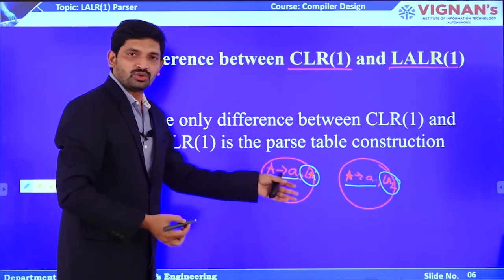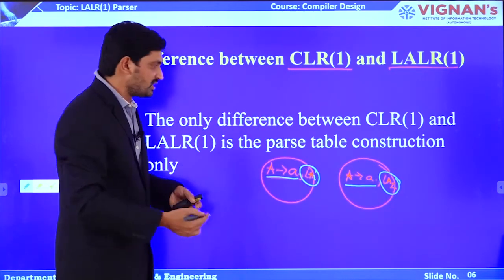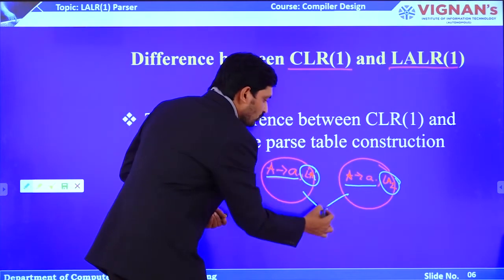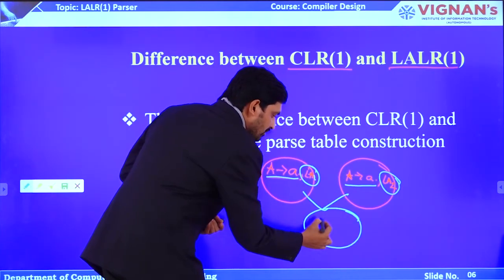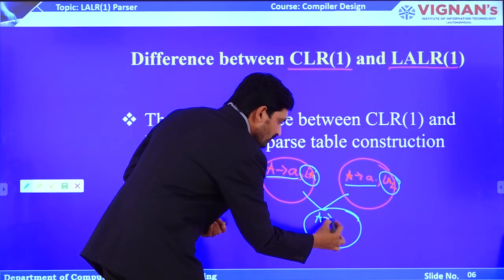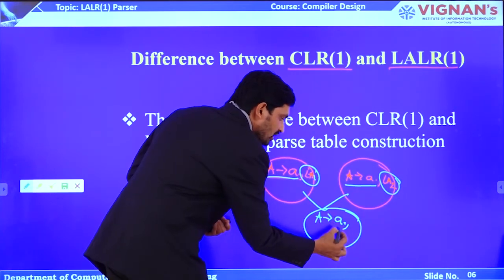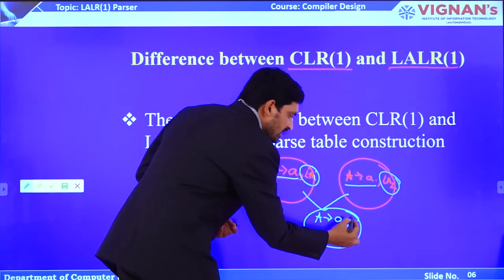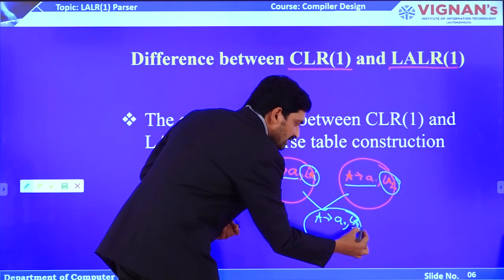So there is no need to keep these two items in two different states. Combine these states to construct a new state, A → α·, and there is no need to write the lookaheads separately, write LA1/LA2.